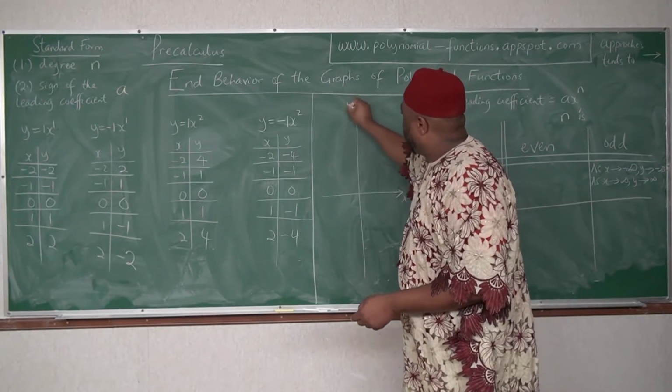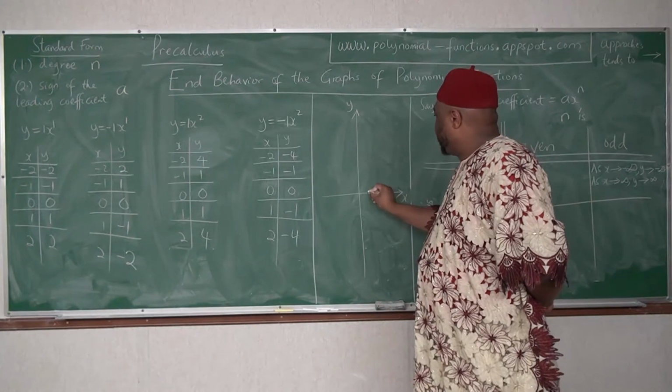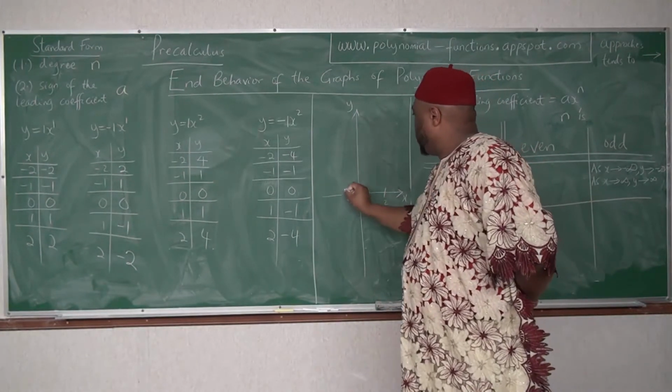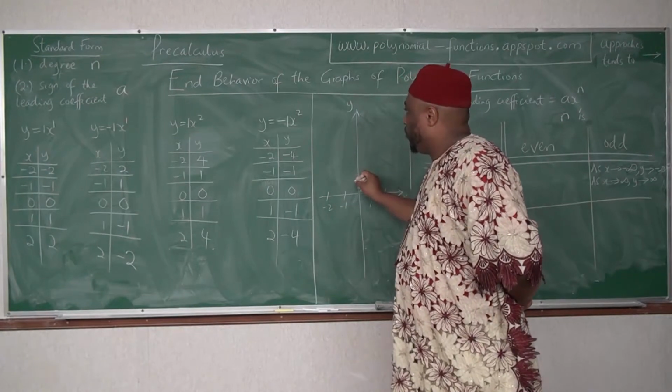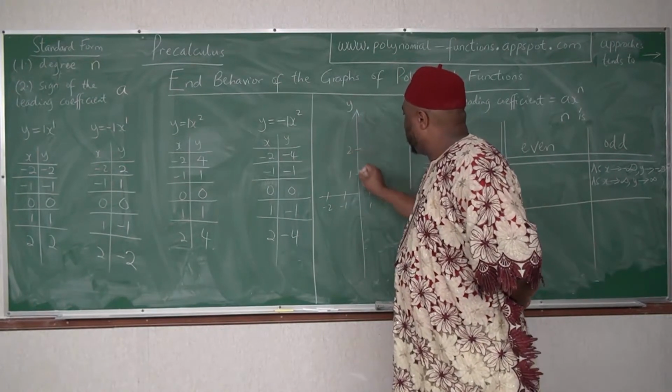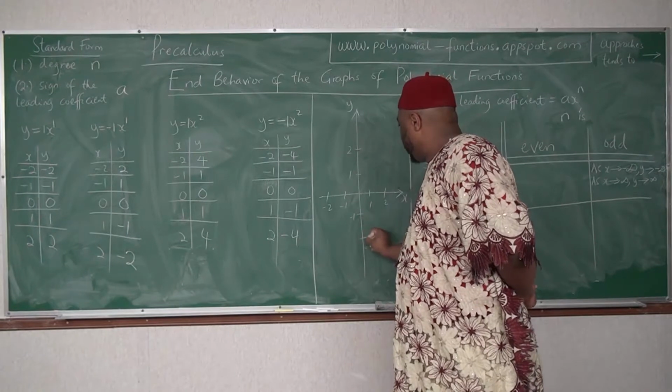And this is my y. So let me call this 1, 2, negative 1, negative 2. 1, 2, negative 1, negative 2.